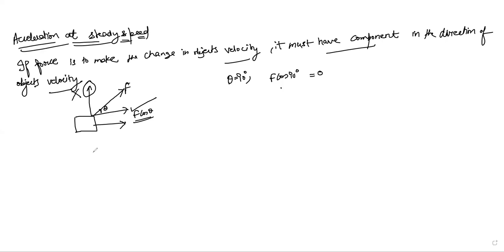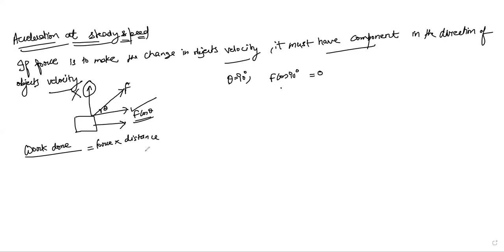Secondly, we can use the idea of work done also to explain this. How can we use the idea of work done? See, we know that when an object moves in a circle, its speed remains the same, right? And work done is defined as force into distance moved in the direction of the force.